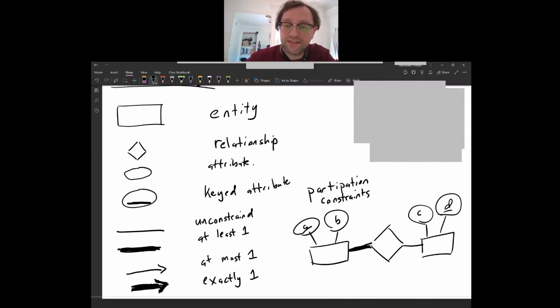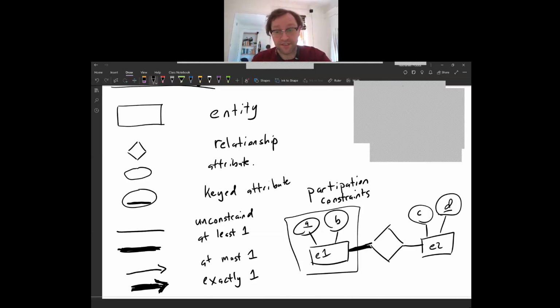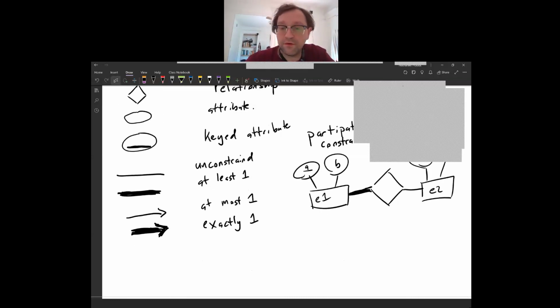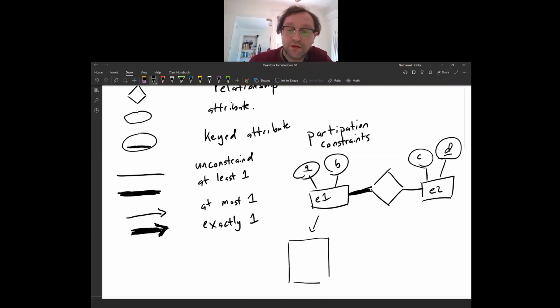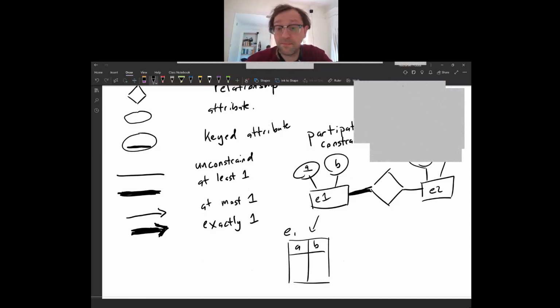Okay, so this is some entity, E1. This is some entity, E2. E1 has two attributes, A and B, and A is the key for this entity. Similarly, E2. So one way to partly see this is that E1 is like a table that has A and B as the columns, where A is the primary key, the keyed attribute.